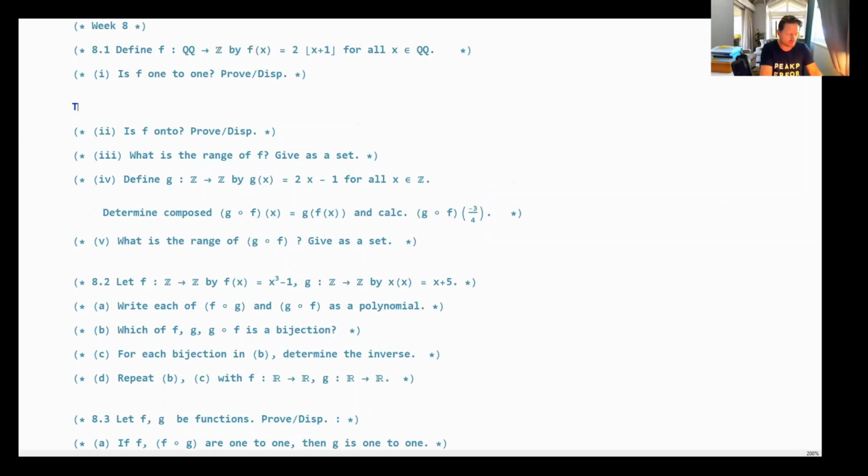So to prove something is one-to-one, and I'll use this as shorthand to mean one-to-one, the technique we do is basically assume f of x1 is equal to f of x2, and what we do is prove that x1 is equal to x2. So that's the general technique that we use to prove that a function f is one-to-one.